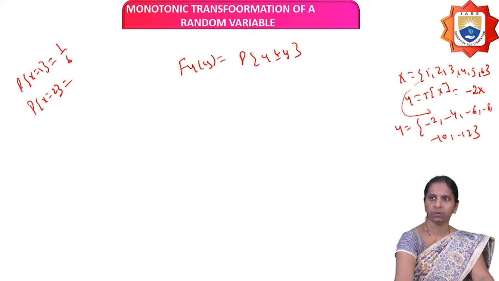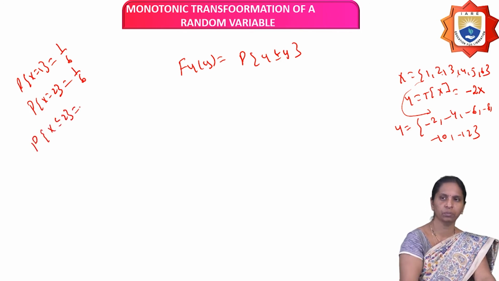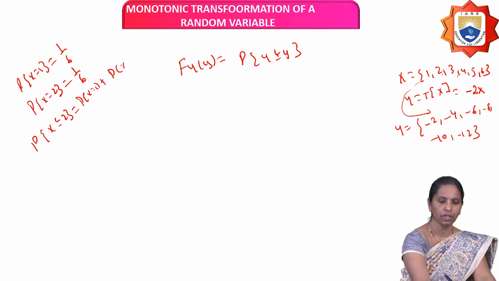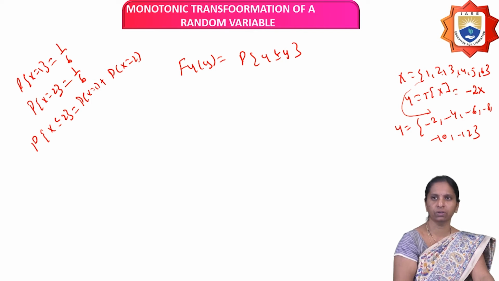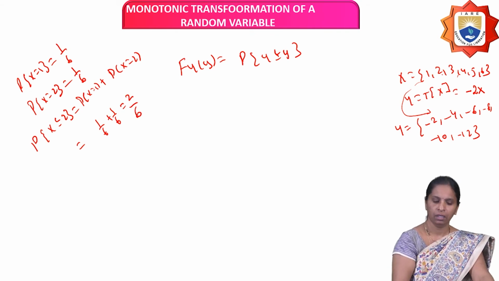Only 1 favorable out of 6 outcomes, therefore 1 by 6. Then the probability that X is less than or equal to 2 is P(X equals 1) plus P(X equals 2), which is 1 by 6 plus 1 by 6, equal to 2 by 6.